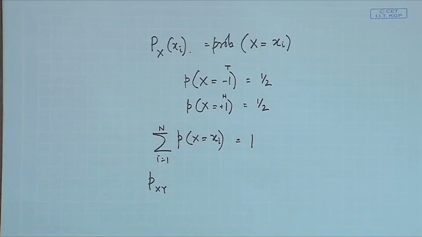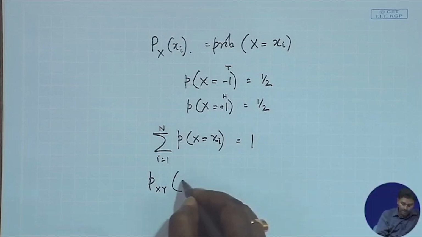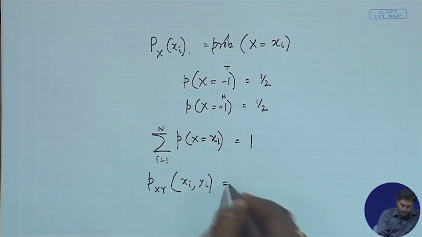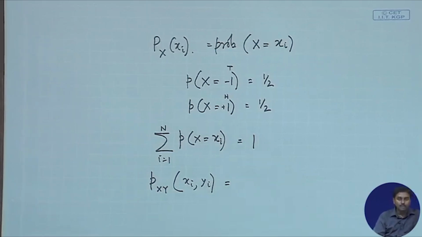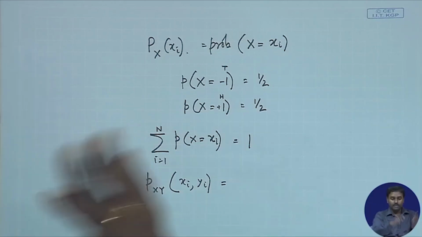Here x represents the random variable associated with the experiment where we are considering the event x, or a collection of events x, and then a collection of events y. We write the probability of x_i, y_i, which means the probability that the random variable x takes the value x_i from its sample space, and simultaneously the random variable y takes the value y_i from its sample space.